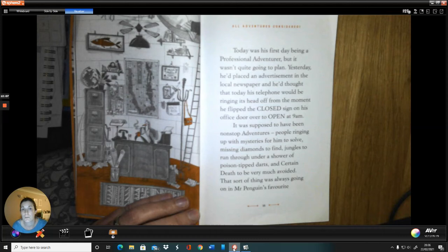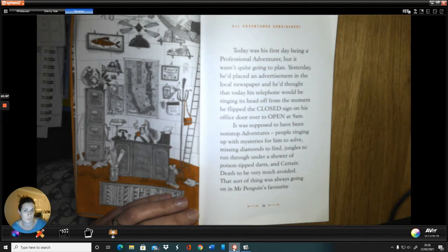Yesterday, he'd placed an advertisement in the local newspaper, and he thought that today his telephone would be ringing its head off from the moment he flipped the closed sign on his office door to open at 9 a.m. It was supposed to have been non-stop adventures.